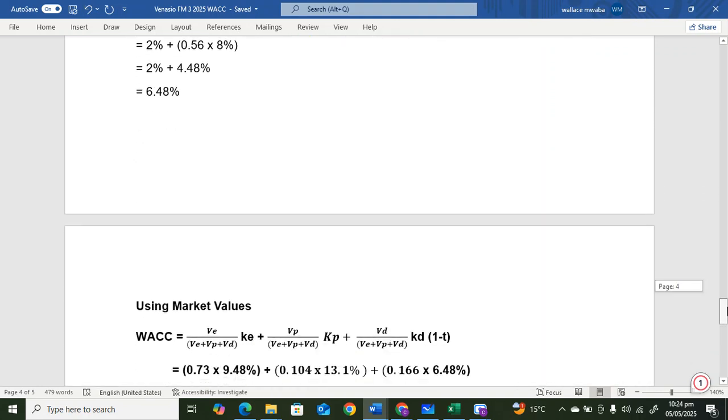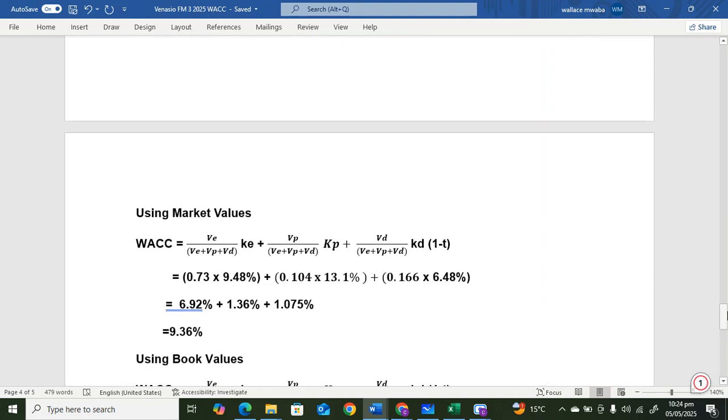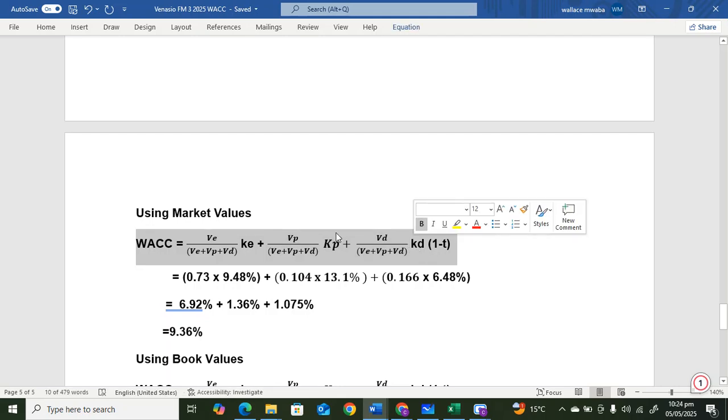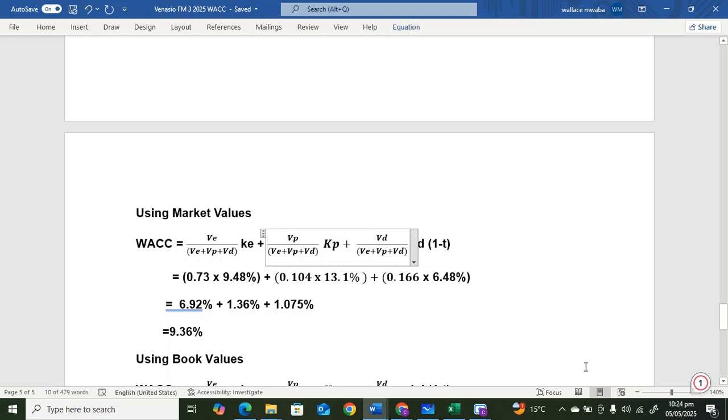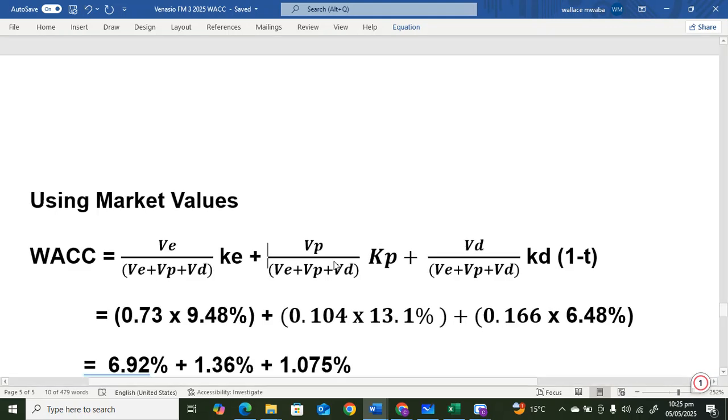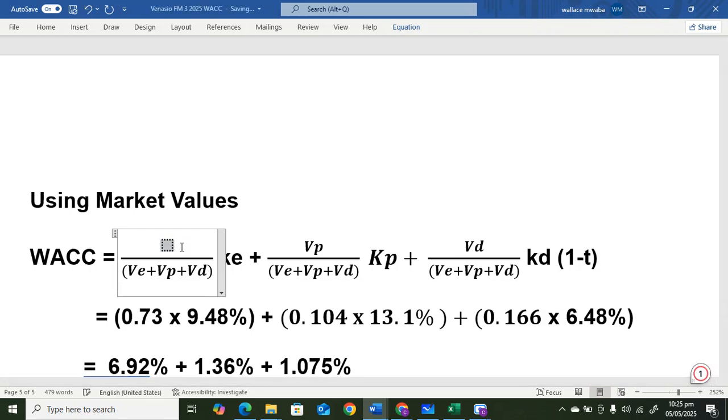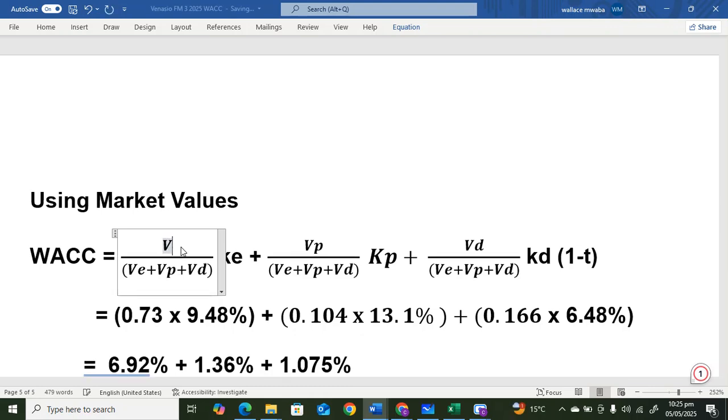So once we've got our cost of debt, cost of equity, and cost of preference shares, we come back to our formula for WACC. Last time I presented it to you as E plus O plus P plus D. This is the other way they can be presented to you.